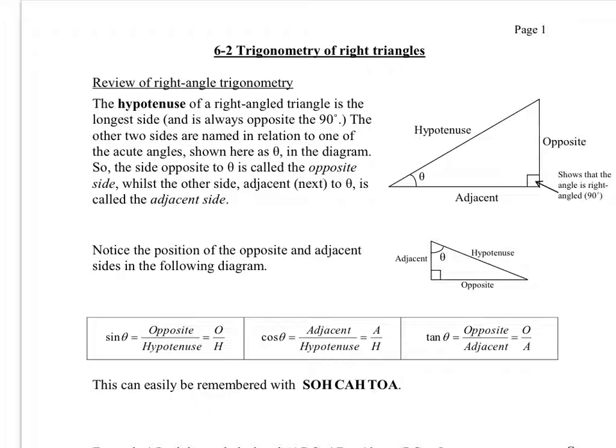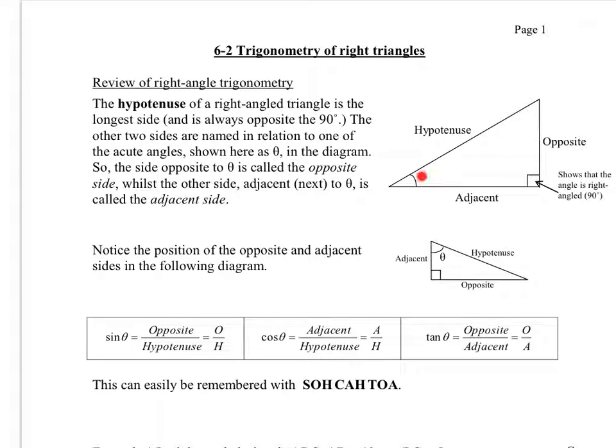In order to set up equations, what you need to remember is that the sine of an angle is equal to the opposite over the hypotenuse. So if you're looking for the sine of this angle here, it's this side, the opposite, divided by the hypotenuse. Likewise, the cosine is the adjacent over the hypotenuse, if this is your angle.